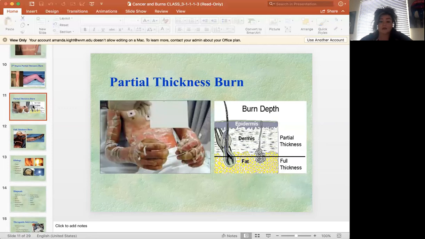Okay. So now we have our partial thickness burn, much deeper. This is in the video as well, again, so I know that you already saw this.